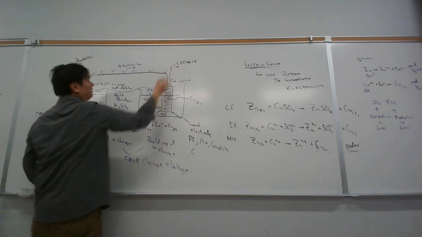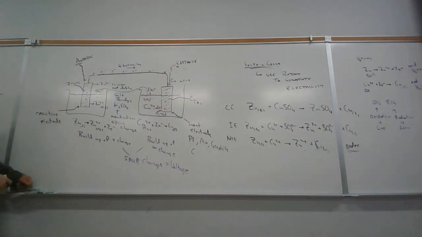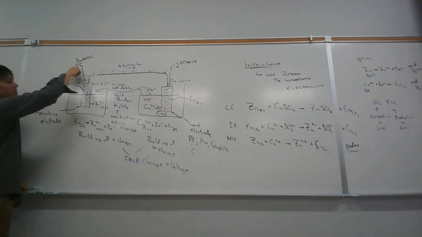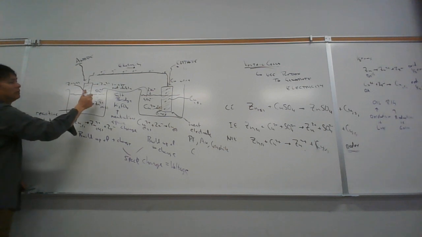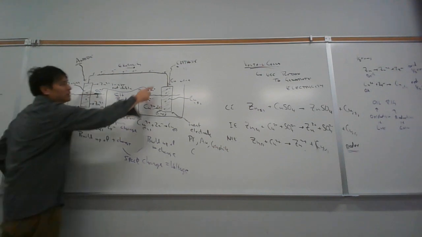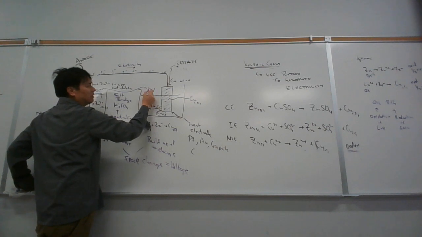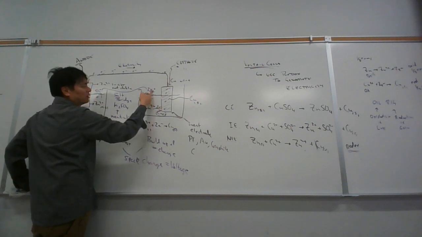And so A to C. Electrons go left to right. Why do they call this the anode? They call it the anode because the anions in the salt bridge migrate to this beaker. And so the sulfate anions. They call this the cathode because the cations in the salt bridge migrate to this beaker.